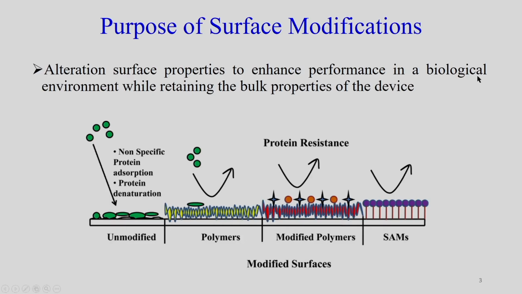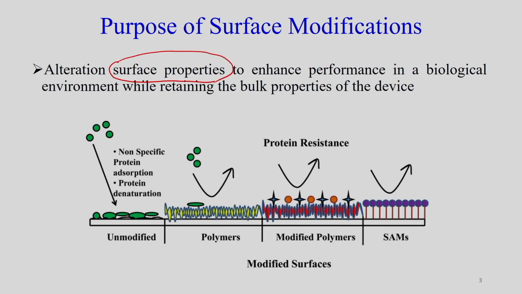First we will just see the overview of different modification techniques, then we will briefly discuss a few selected techniques, particularly from the physical and chemical methods. As we discussed in the last lecture, the purpose of surface modification is to alter the surface property.